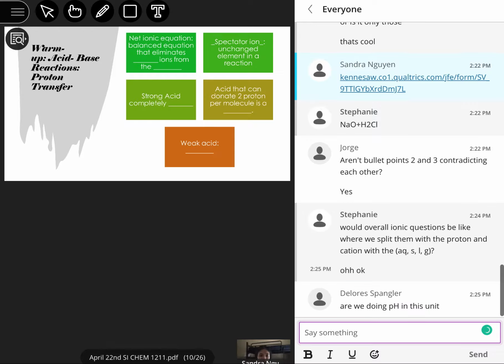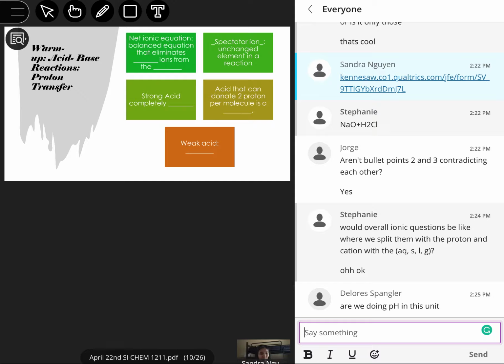Yeah, so net ionic equation, pH on this unit. pH, you do that more in Chem 1212. I'm not sure you guys do this in your unit, but they're doing Chem 1211 very differently this year. Chem 1212 has titrations, but Chem 1211 wasn't supposed to, but you guys are doing titrations. That's what makes me kind of weird.